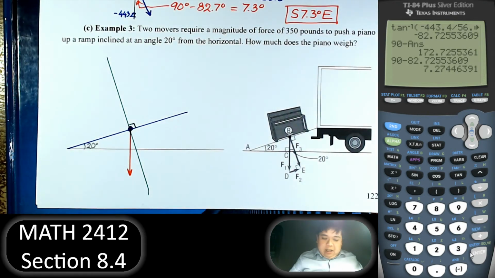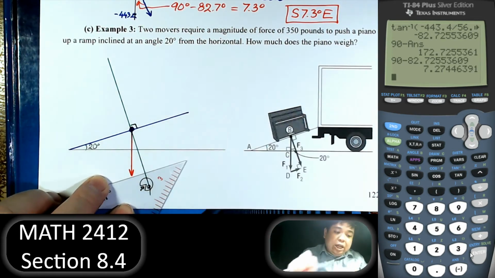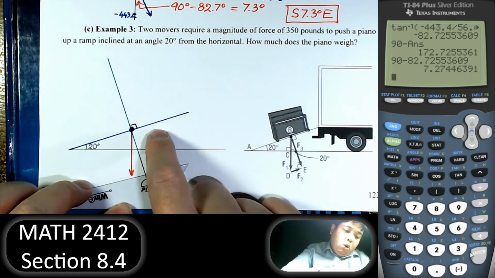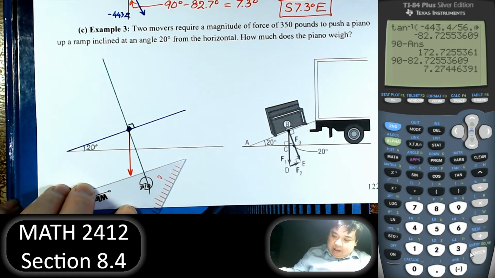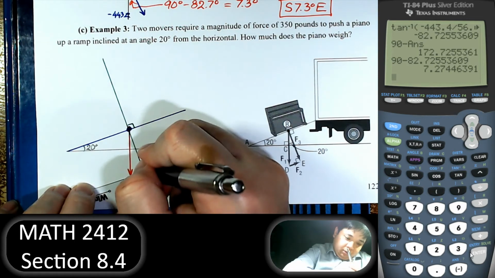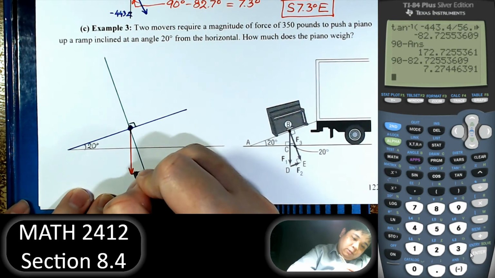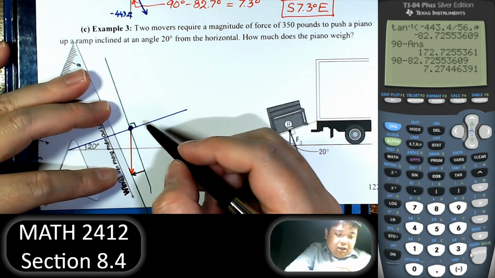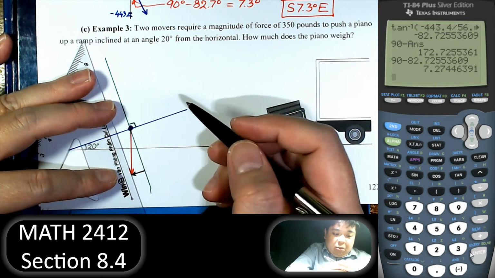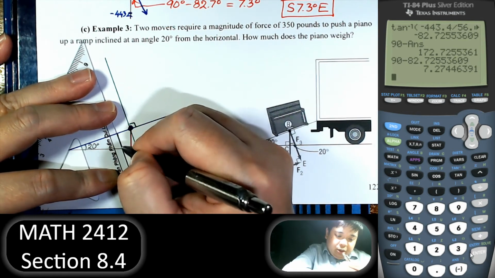So in that case, I will decompose the weight into two components. The component that is parallel to the inclined plane, and the component that is perpendicular to the inclined plane.